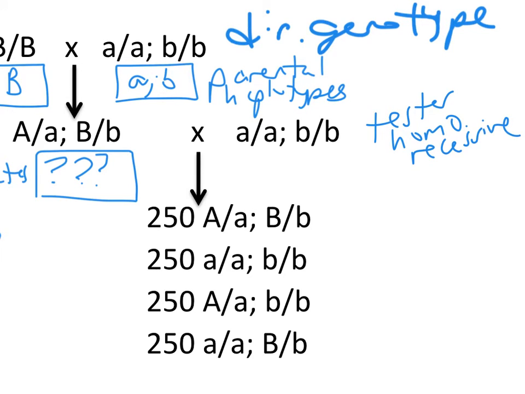So little a over little a, little b over little b, whatever, tester individual. So this is a dihybrid test cross. One individual is heterozygous at all of the loci we're interested in. The other parent is a tester, homozygous for all the recessive alleles.